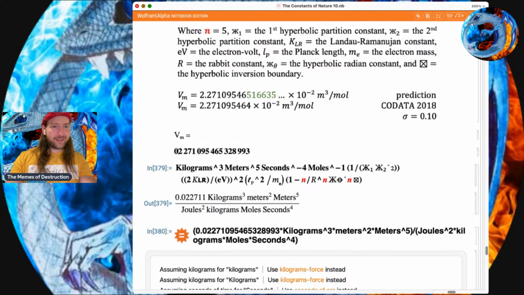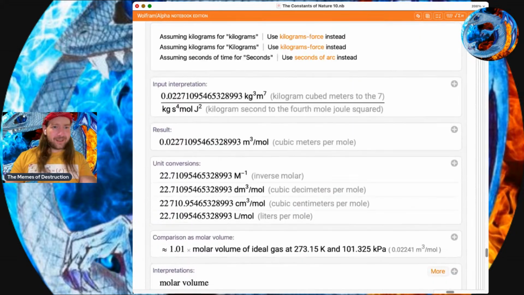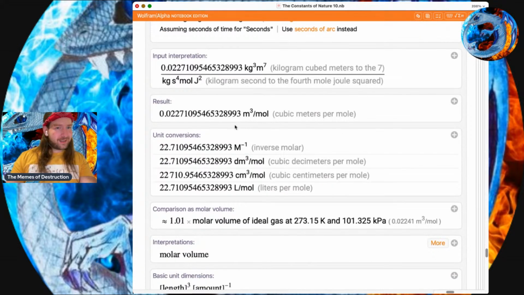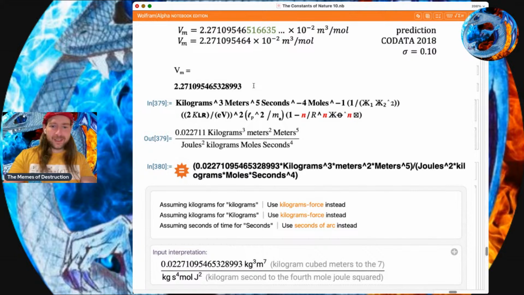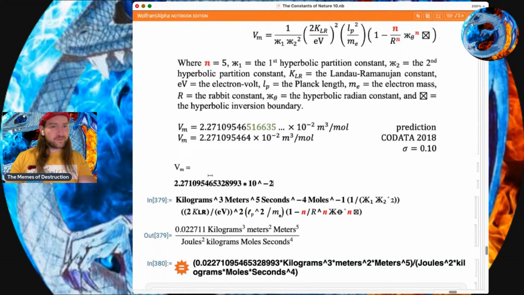So that means we take... hold on. 3, so... times 10 raised to the negative 2. That's how they did it. Make sure we get at least 14. 1, 2, 3, 4, 5, 6, 7, 8, 9, 10, 11, 12, 13, 14, 15, 16. Cool.